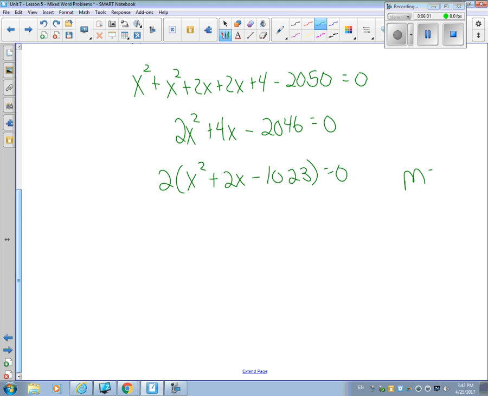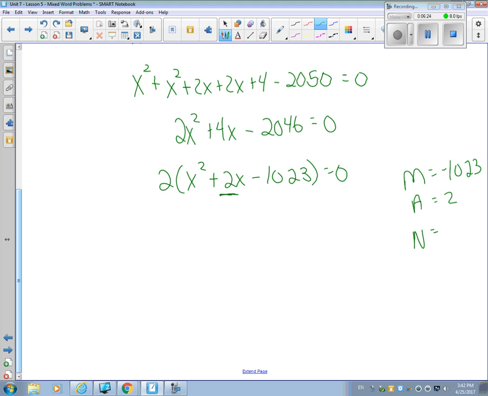I need things that multiply to negative 1023 and add to 2. And now I got some cheating ways of doing this because I know they're odd and I know they're integers. I also know that they're 2 digits apart. So I'll try some things. 15 and 17. 17 and 19. 19 and 21. They're not quite big enough.